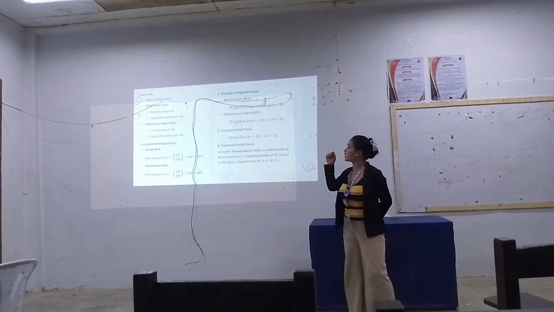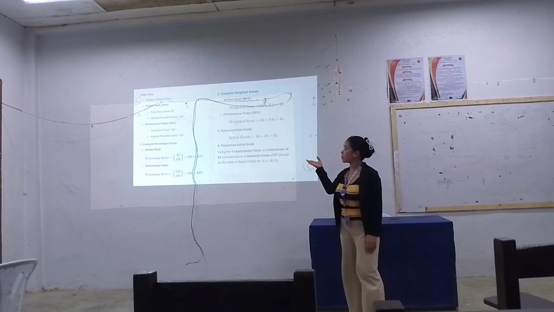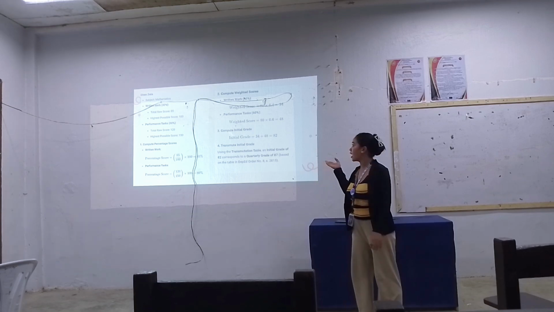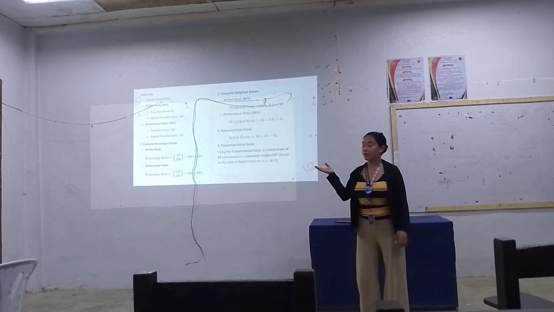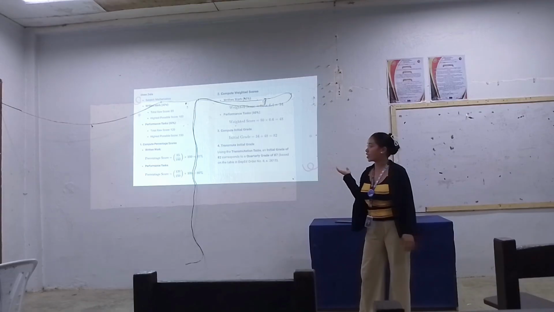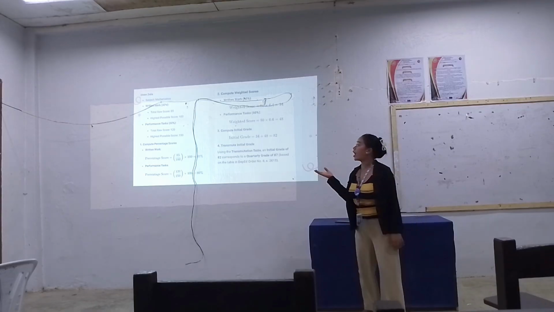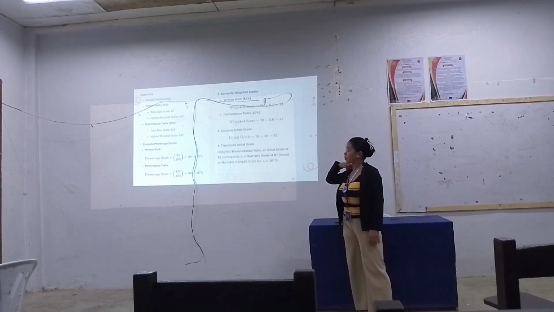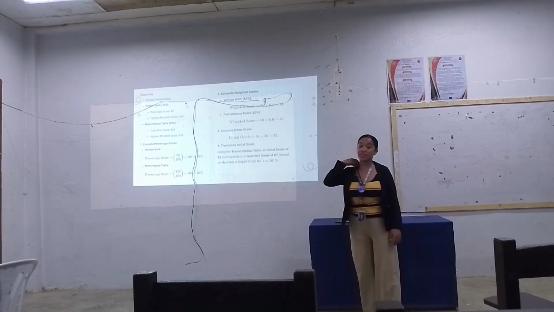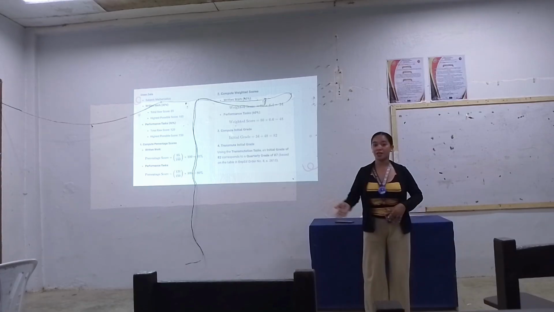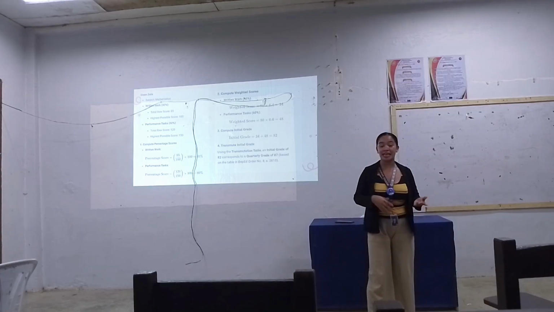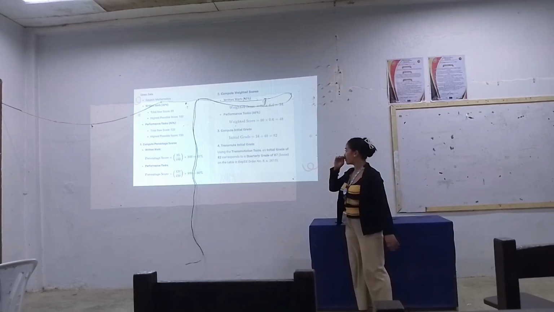So first, for example, in mathematics, we all know that written work is 40%, which covers the long quizzes or short quizzes. Then performance task is 60%, the activities that teachers give depending on their topic. Then first, compute percentage scores.